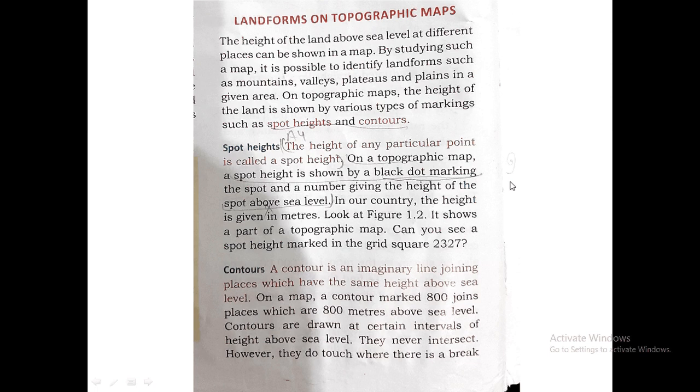So 20 and 20 will be joined. On a map, a contour marked 800 joins places which are 800 meters above sea level. Contours are drawn at certain intervals of height above sea level. They never intersect, so they never cross each other. However, they do touch where there is a break.